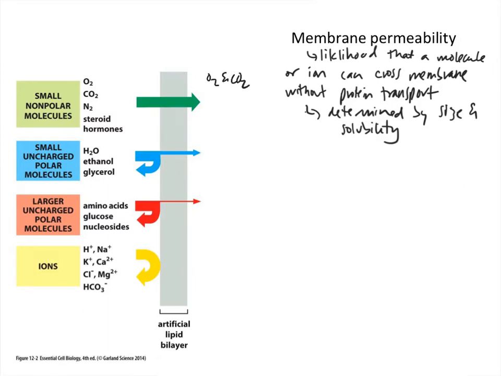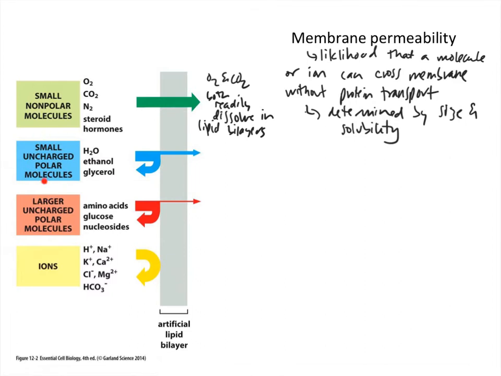They're small and nonpolar, and they both readily dissolve in lipid bilayers. That means that those gases can be exchanged quite easily across the membrane, which is obviously very important for organisms in their respiration.